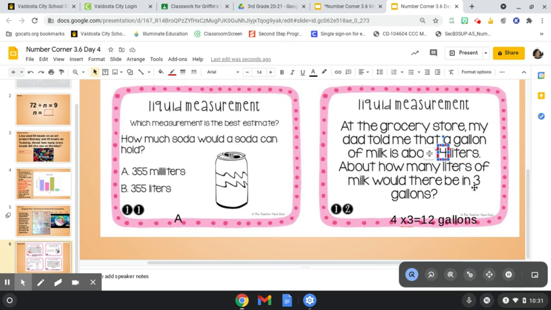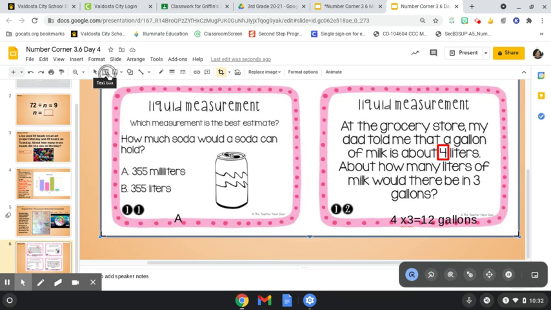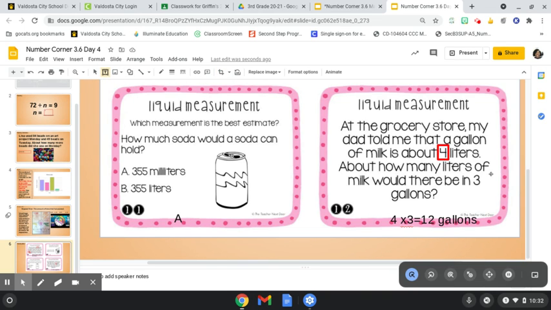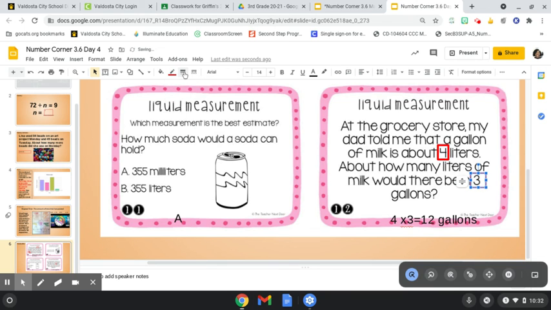The answer would be 12. Let's draw a box here. And let's make it red, and let's darken the line.